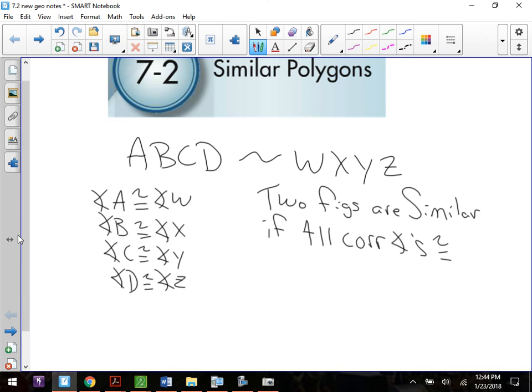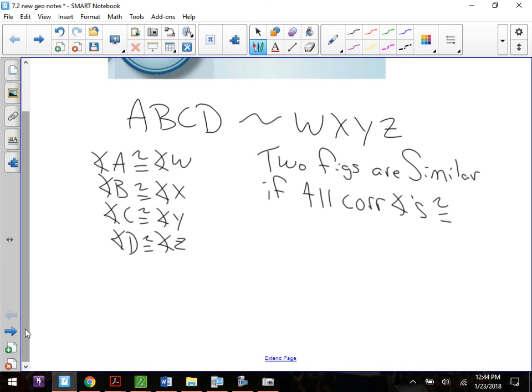But the other part of that becomes, and all sides are proportional.